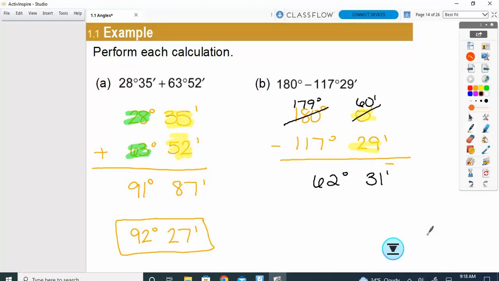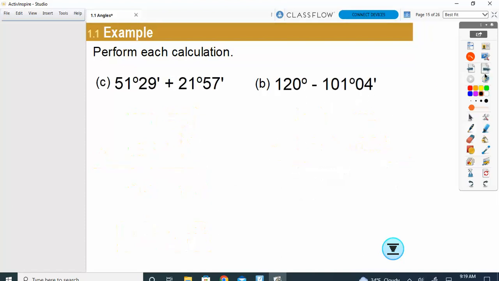So I get 62 degrees, 31 minutes. My minutes aren't bigger than 60, so that's my point. Why don't you guys try the next two on your own?